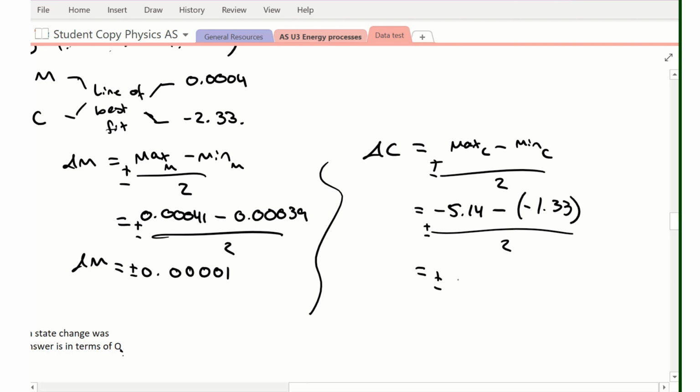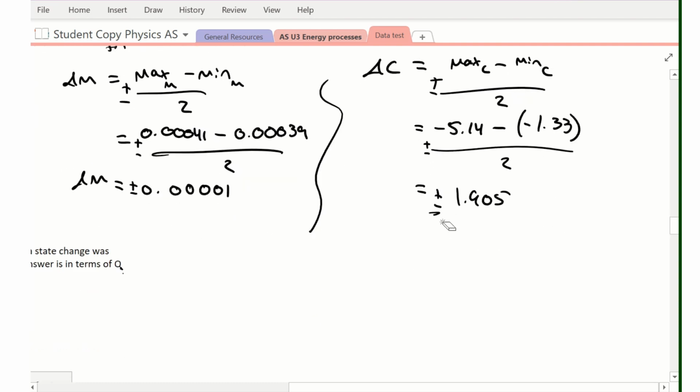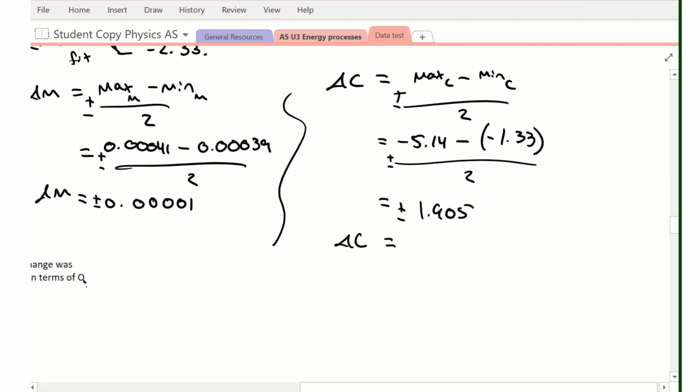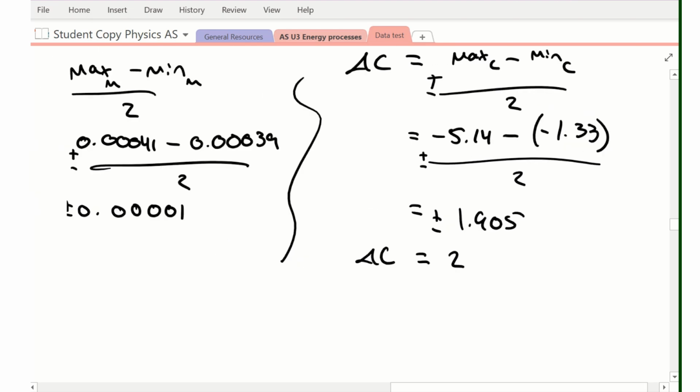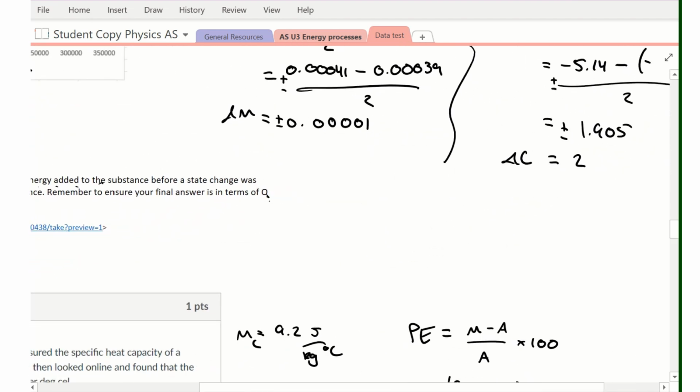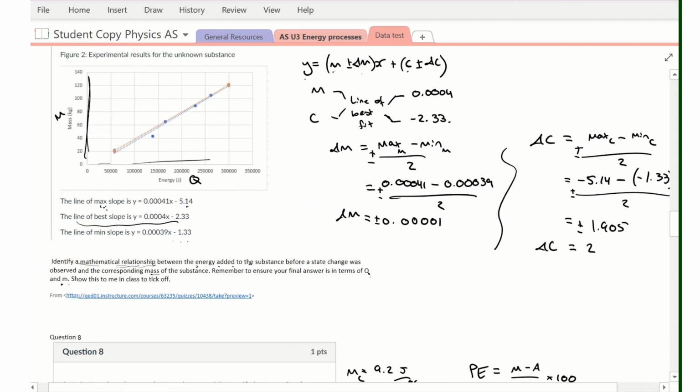So I get the answer of negative 1.905, but because we've got plus or minus, it doesn't really matter about that negative there. Now, with our significant figures, we should get in the habit of rounding to one significant figure. That's going to be 2. But you will be okay if you just rounded it to 2 significant figures. So 1.9, that would be fine. That would be acceptable.